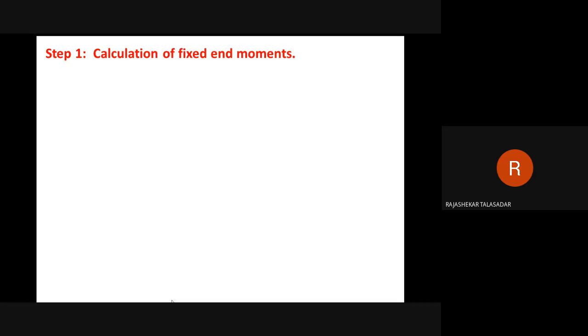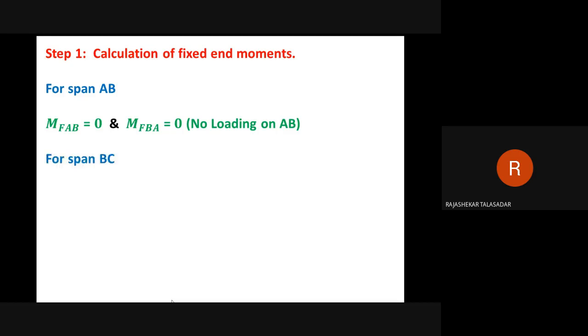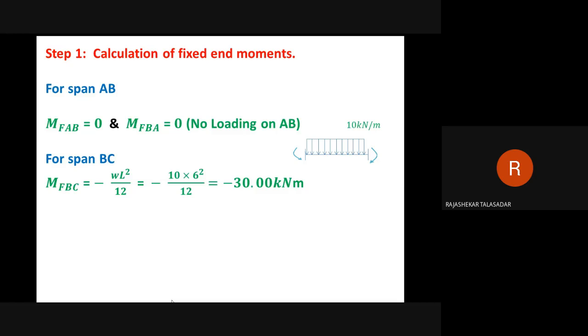Calculation of fixed end moments. Column AB is not carrying any load, hence the fixed end moments for member AB at both ends will be 0. Only the beam carries load. For span BC, which is the beam, the load is 10 kilonewton per meter and the span is 6 meters.